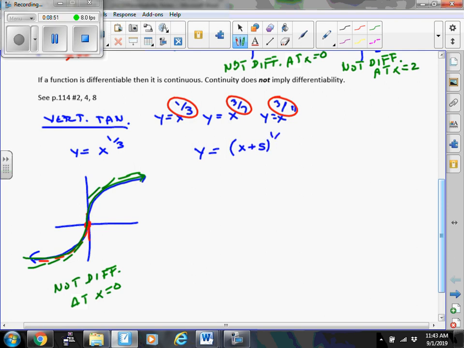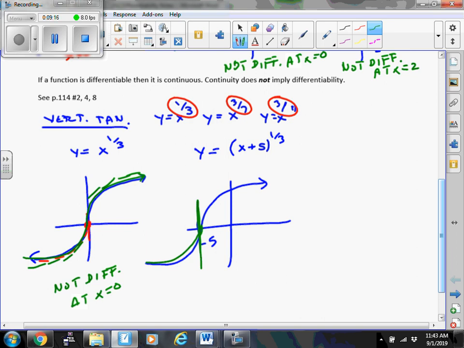All that does is move the vertical tangent to -5. See, right there. So right here at -5, what happened was the curve all of a sudden had a vertical tangent of infinity, which is non-existent. So I would say there it's not differentiable at -5.